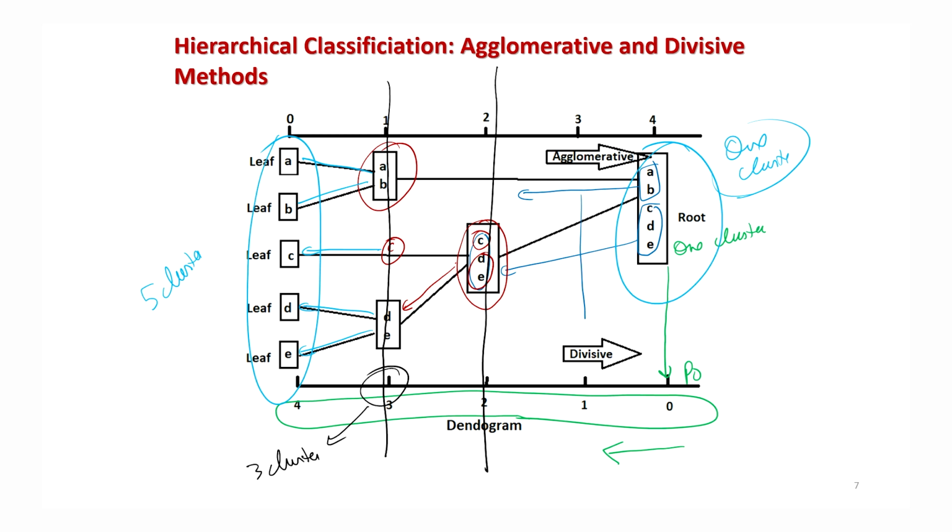This is a decision which we have to make. I have taken a very simple example to explain. Rest you will see that these things are automatically created in the software, and whether you want 3, 4 or 5 clusters is your choice, and based on that these types of lines will be created in the dendrogram.